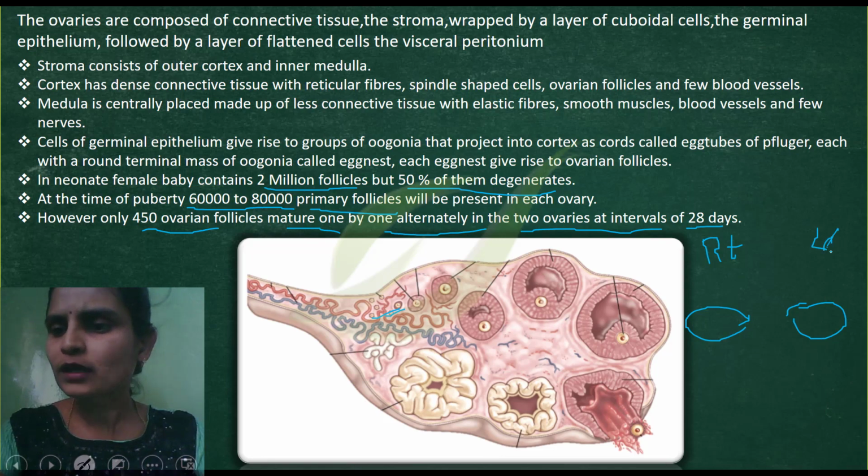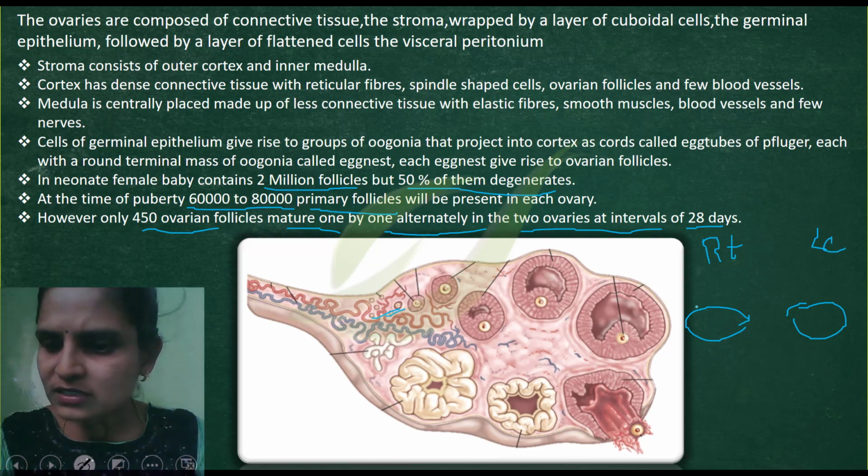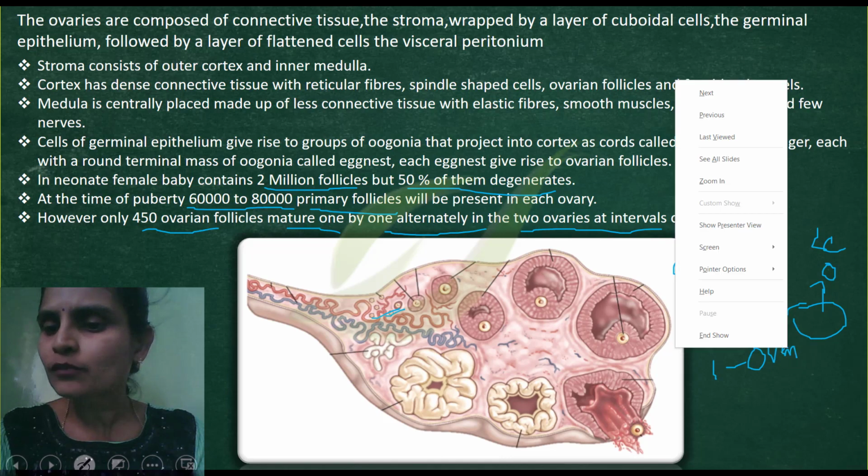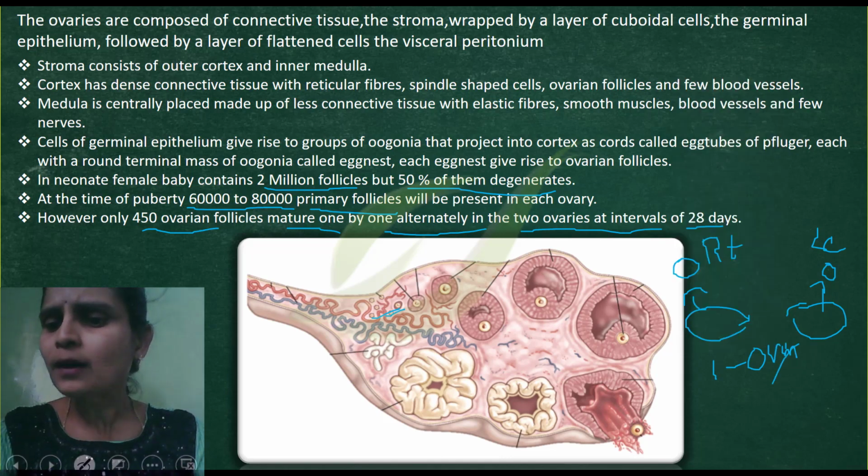If this ovary releases the egg in the month of January, next month, in February, the other ovary will release the ovum. That is why only one ovum will be released per month, alternately, for every 28 days.